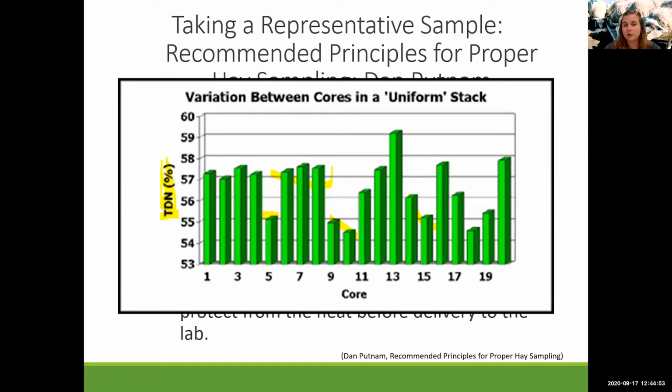Conversely, if we chose these 3 bales and this bale and this bale, we would overestimate the amount of energy that's in our forage, and we would under supplement those animals, and we wouldn't understand why they're skinny. And so it's really important to take a representative sample so that your sample actually reflects how animals are going to perform when fed that forage.